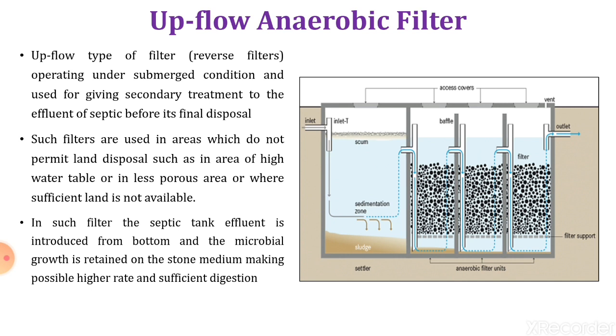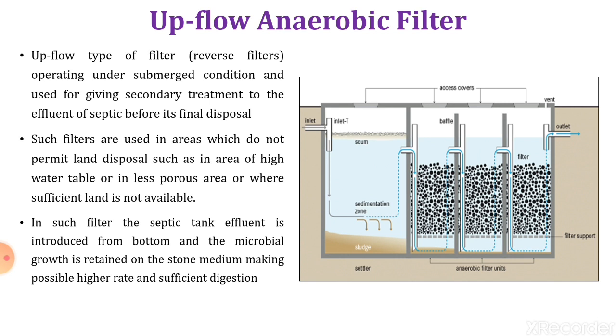Then gradually and very slowly, with the arrangement, the effluent coming out from the septic tank is discharged into the first chamber. This arrangement consists of 3 chambers. We can provide any number of chambers depending upon the capacity and the effluent volume to be treated.